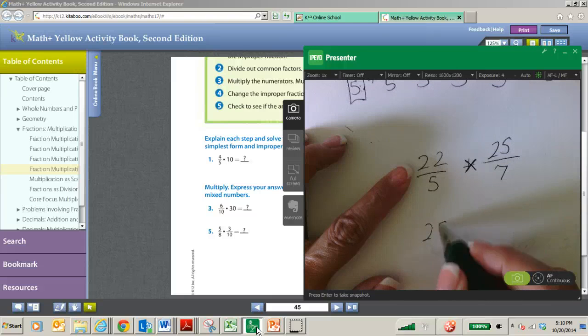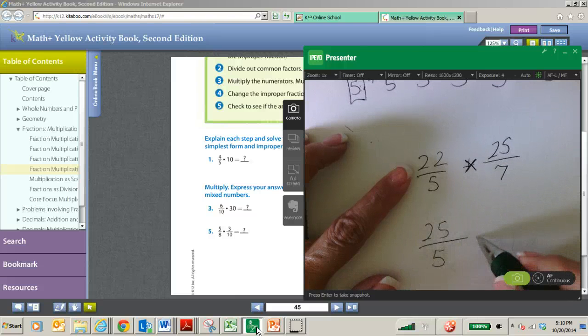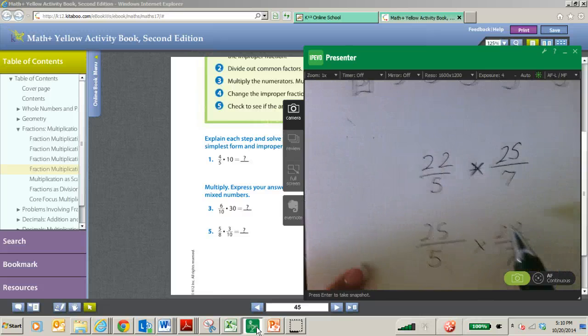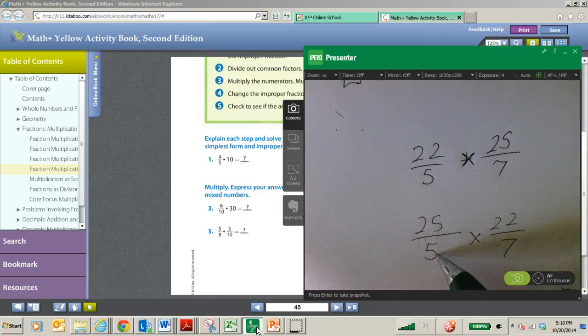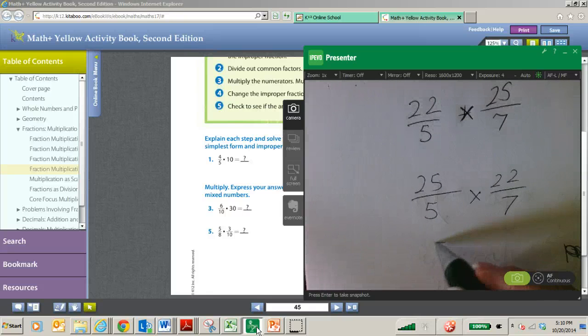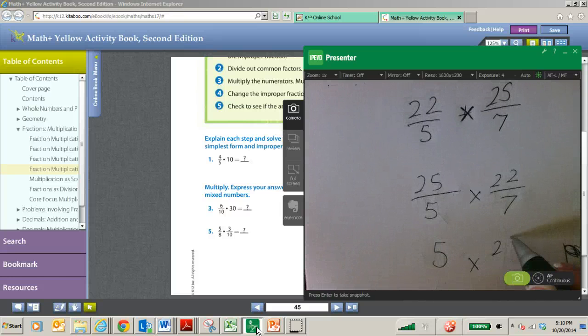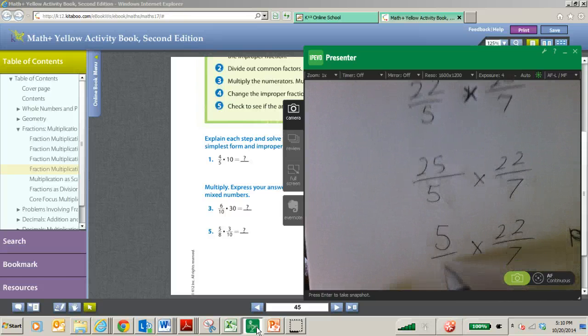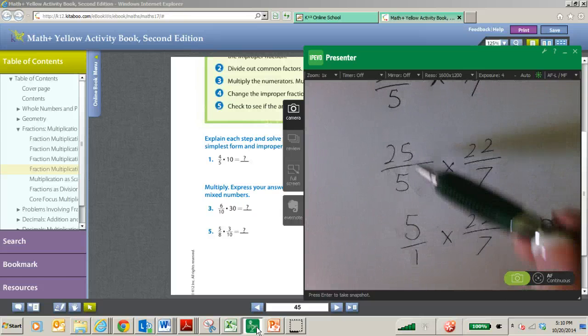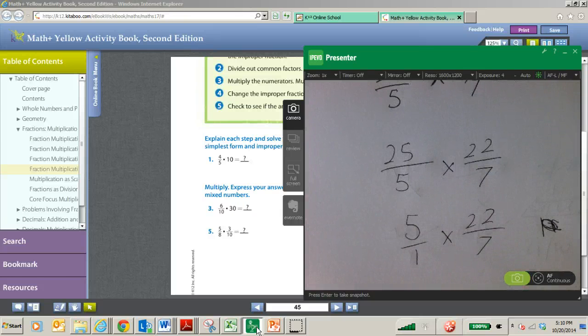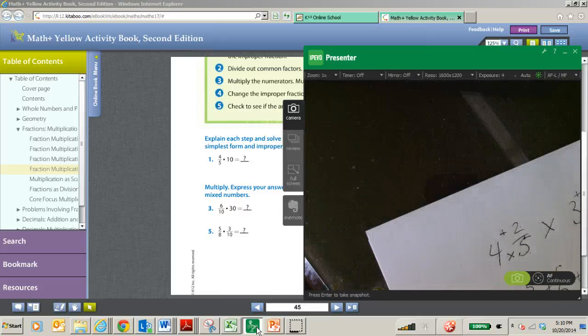What I would prefer is we just kind of teach them to rearrange, switch those numerators. I know that 25 divided by 5 is 5. So really, I'm only multiplying by a whole number. That's much easier than multiplying by that complex fraction. So we could multiply across to get the final answer.